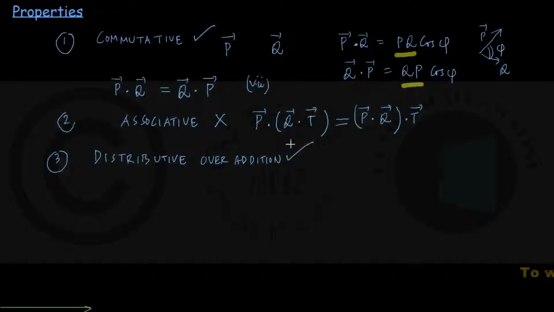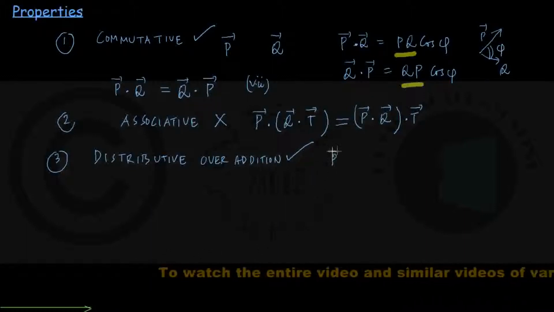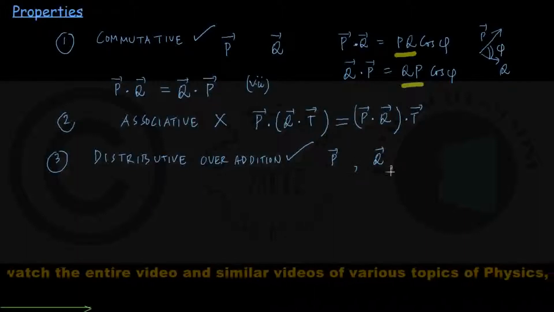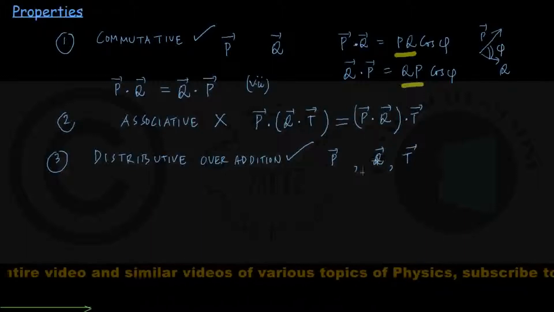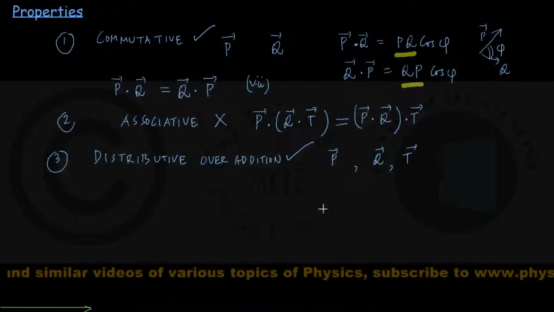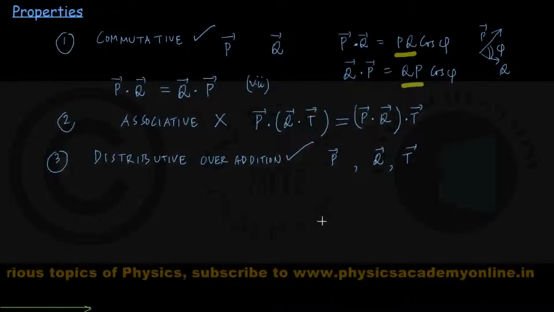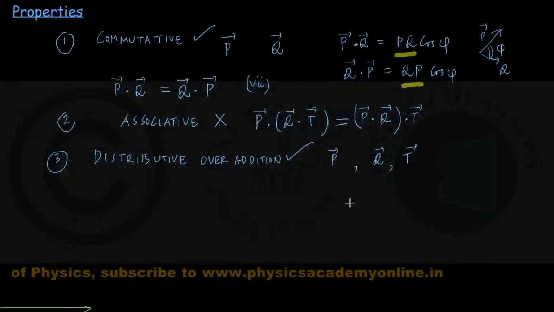So this is okay. Now what does it mean? It means that suppose we have got three vectors, and those vectors are named P, Q and T as usual. I'm just avoiding R and S for a particular reason, because I have already said R I reserve for resultant and things like that. Let me see what it means, distributive property.